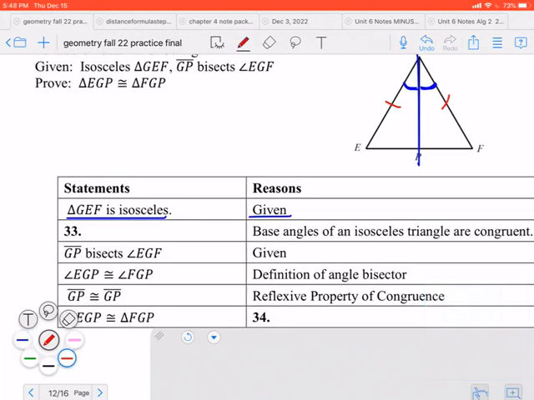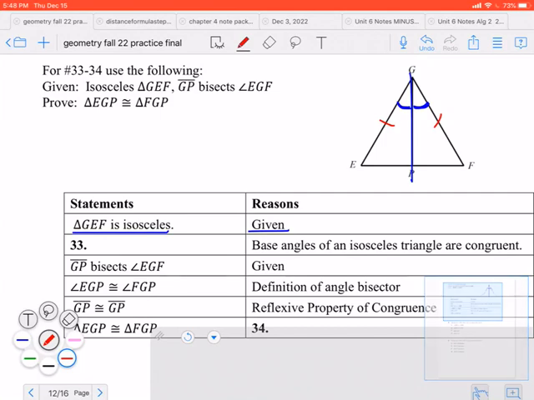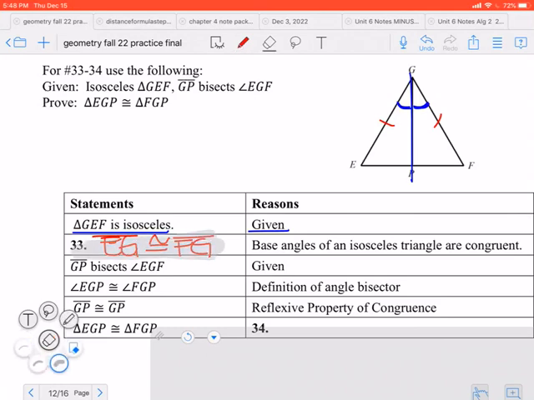Therefore, we can say segment EG is congruent to segment FG. Because the base angles, oh, I'm being stupid right now. Look at that, I made a mistake live on air. Base angles of an isosceles are congruent.